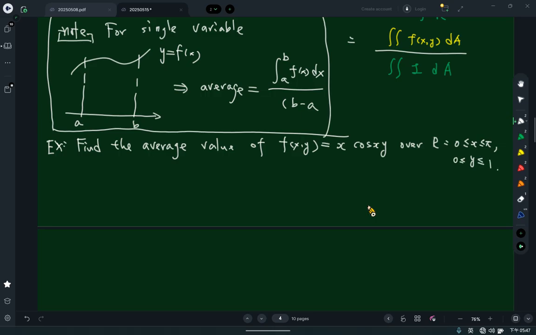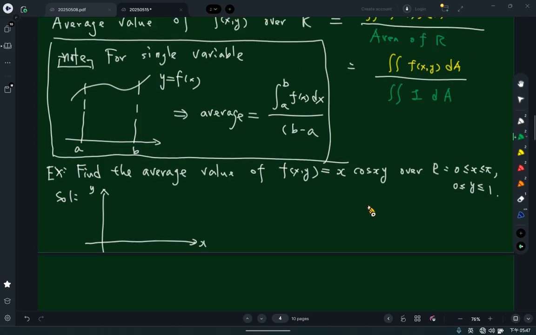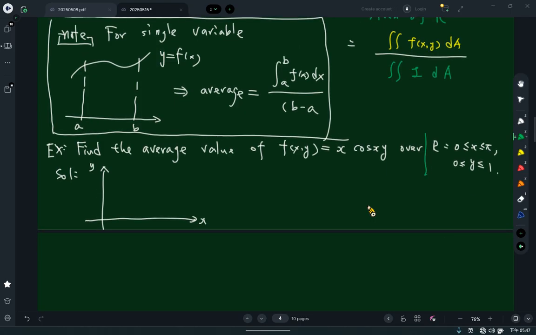Okay, so in this case, we can just draw the region first. This is simple, right? Because the region here is defined as x from 0 to pi, and y from 0 to 1.